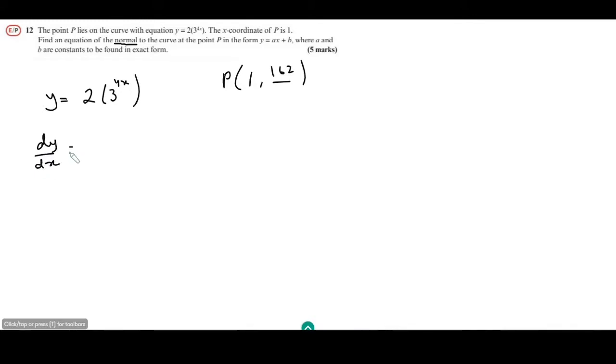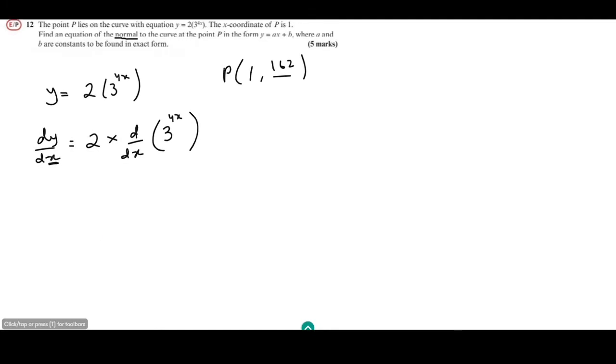So we have dy by dx equals 2 times the derivative d by dx of 3 to the power of 4x. All I've done here is take out the 2, because we're differentiating with respect to x. So anything with the x I can differentiate, anything not including an x I can just multiply in at the end, because constants don't change the value of a derivative.